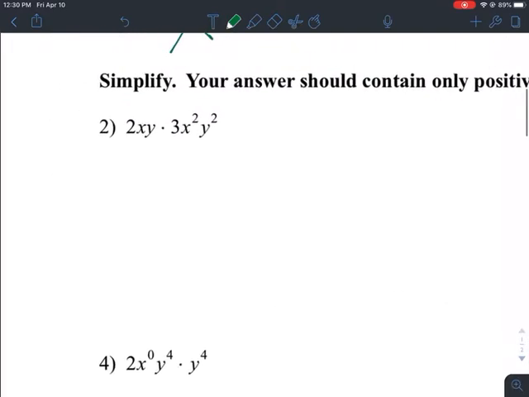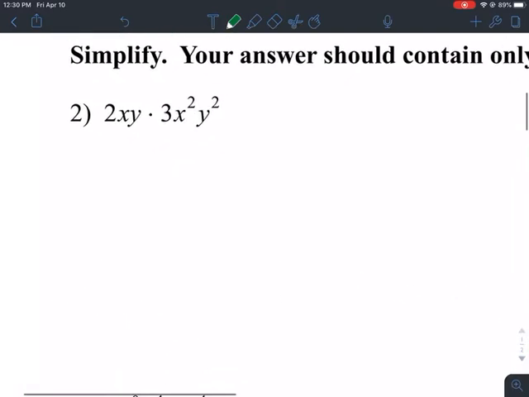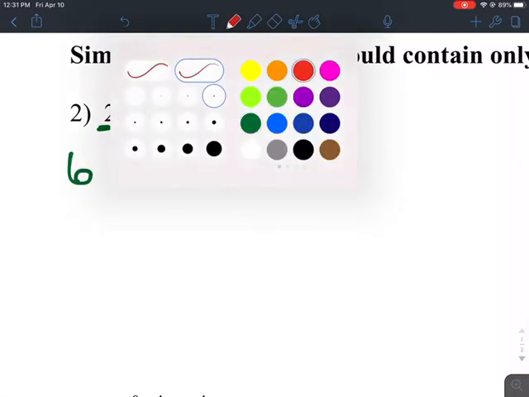So looking at these examples, when you've got ones like this, these numbers are called coefficients. That just means it's 2 times x and y. So if you have more than one coefficient, you're just going to multiply those together like you normally would, right? So 2 times 3 is just 6.